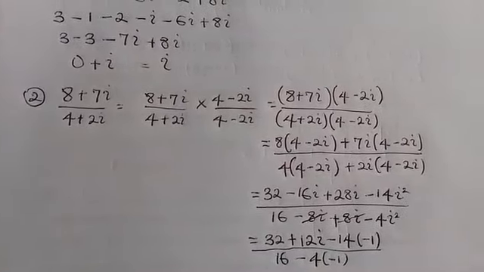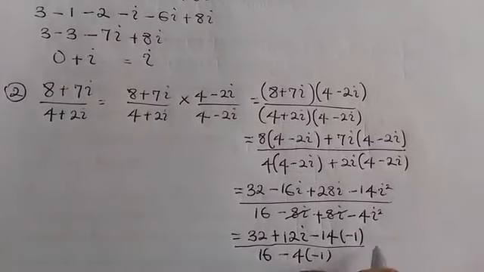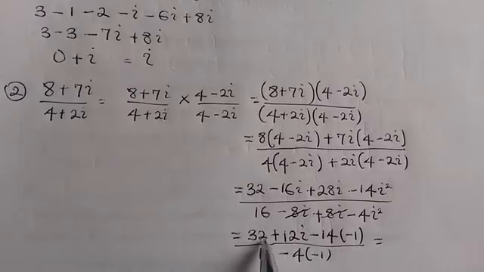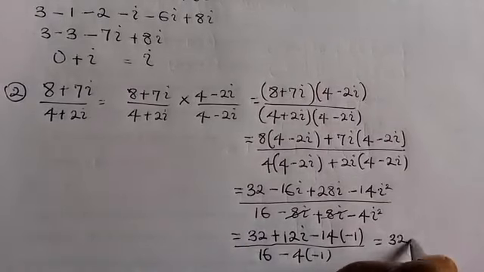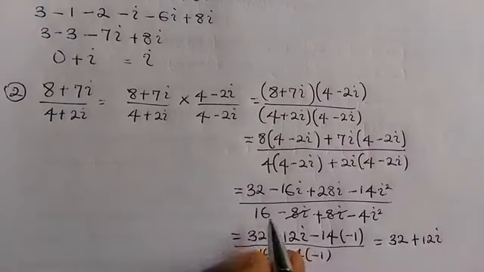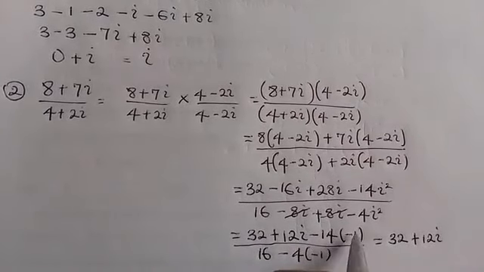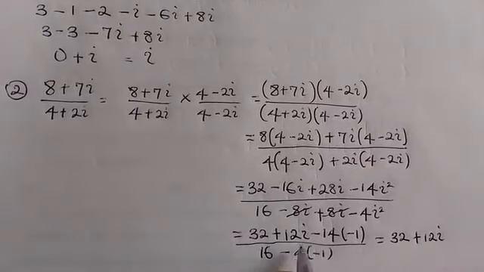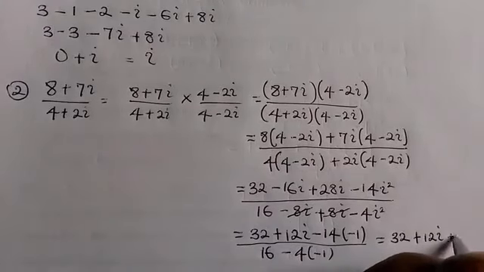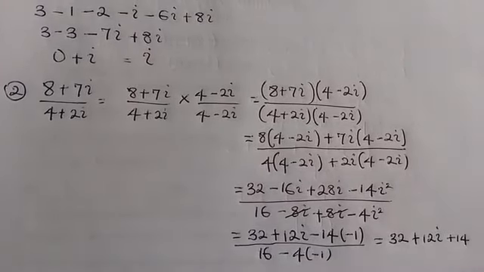Right? This is equal to 32 plus 12i minus 14 times minus 1. That is minus 14 times minus 1 is equal to 14. So we have 14 here.